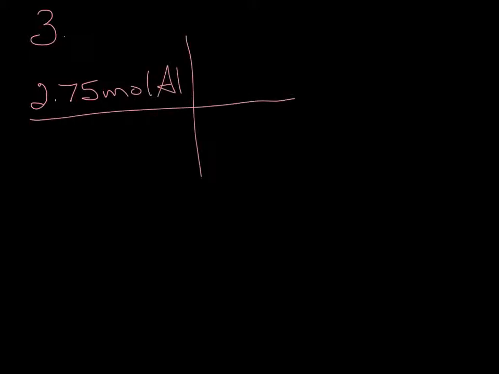Number 3 on page 82. How many atoms of aluminum are in 2.75 moles of aluminum? So now we are given the moles and we have to go to atoms. We have to realize what we're given so that we put things in the proper place. 2.75 moles of aluminum. And now we're going over to atoms, which before we were doing the opposite.